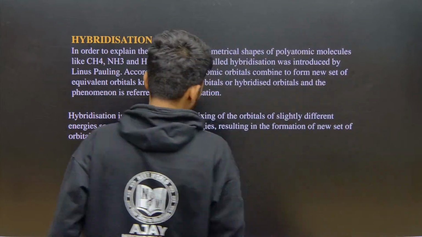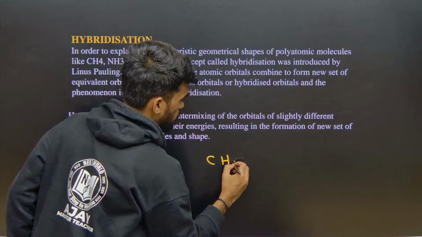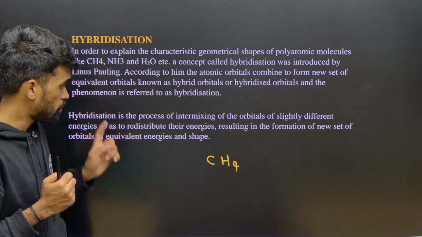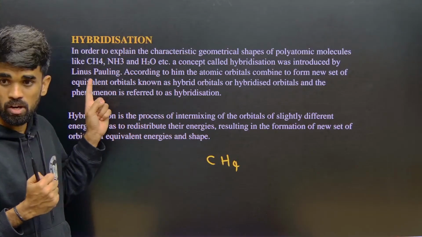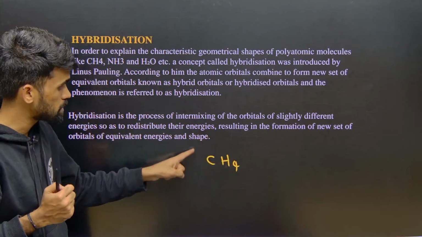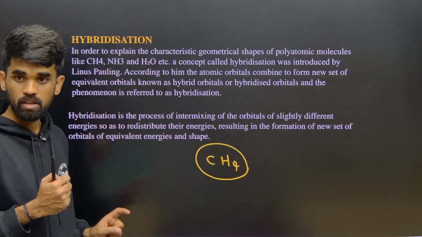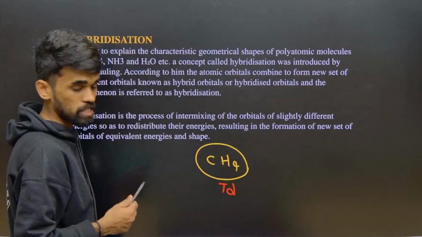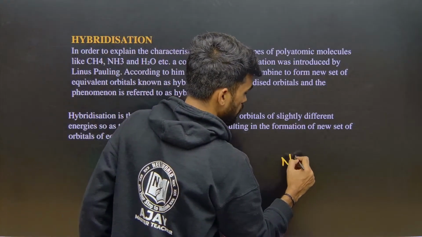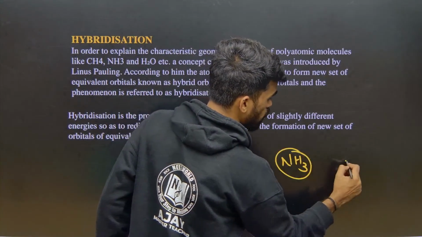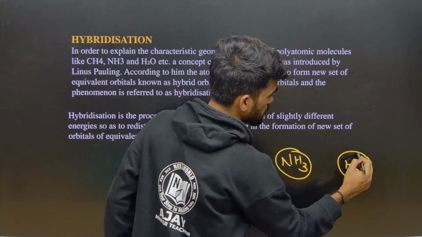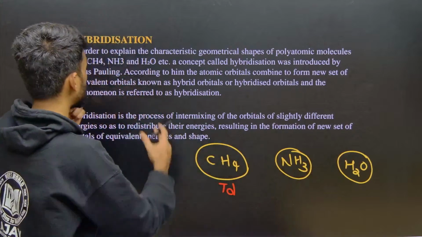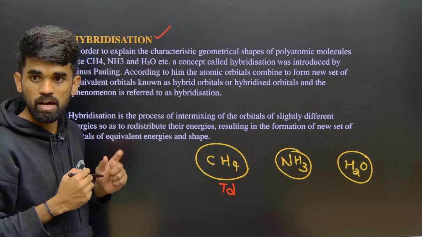For example, the Lewis dot structure is unable to explain the shape of methane. By using this theoretical concept called hybridization, we can express what geometry it has. We say methane has a tetrahedral structure, and for ammonia and the water molecule, we can explain their shapes using hybridization.